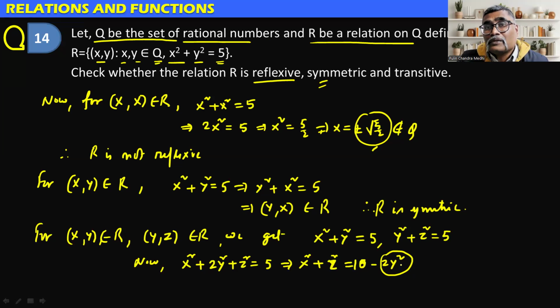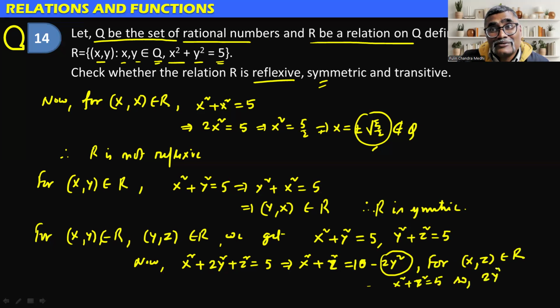After that, what to write? My space is less, so you try to adjust it. For x comma z belongs to R, for this we must get what? I'm telling you the statement to write. We must get x square plus z square equal to 5. So we must get twice y square equal to 5.